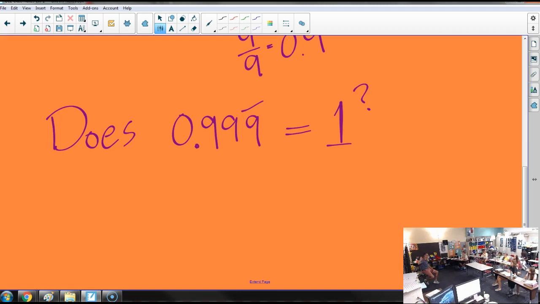What's the furthest out decimal place? Yeah, there isn't one. There is no end. There's no smallest value. So if this goes on forever, how far away from 1 is it? Just an interesting thought for us as we recognize these patterns.